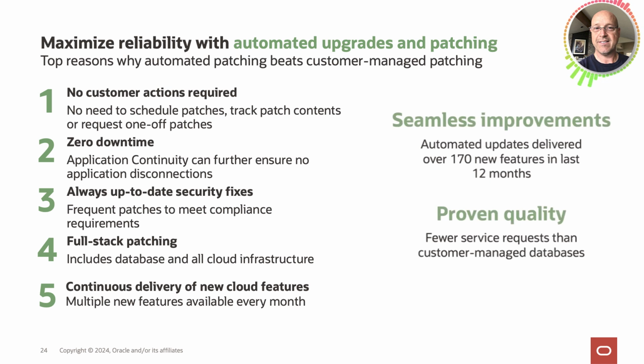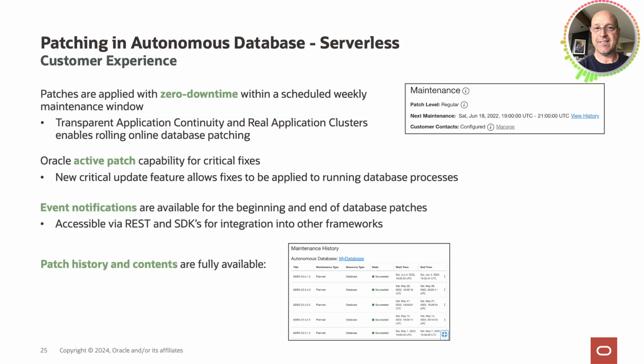And we've been doing it for years now, and we're doing it with very, very high quality. Every week we get a schedule, it's published to you, and you can see when your next maintenance event is going to occur. But it's fully online because of this transparent application continuity.